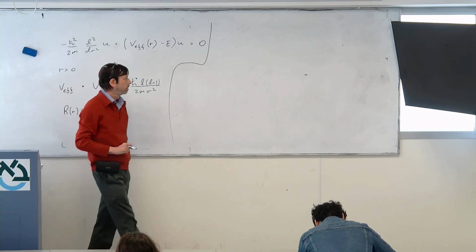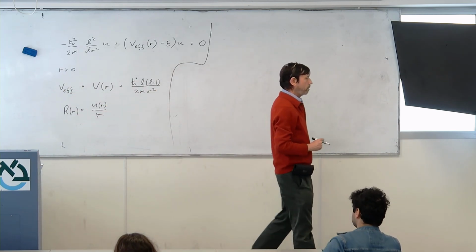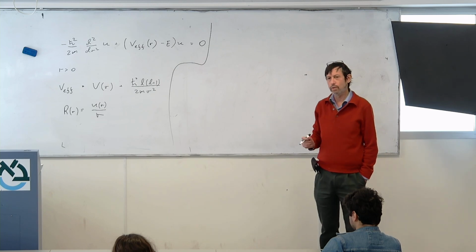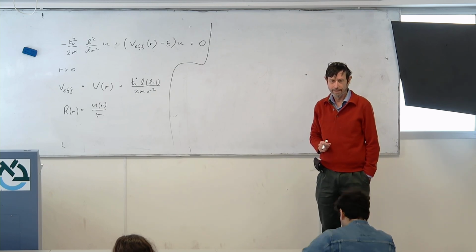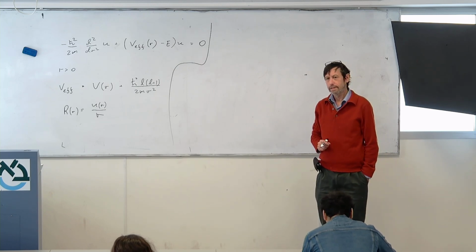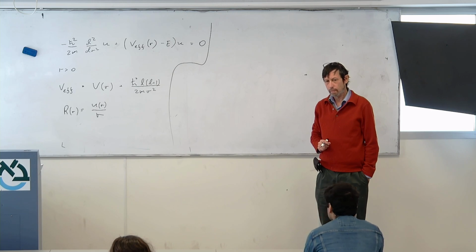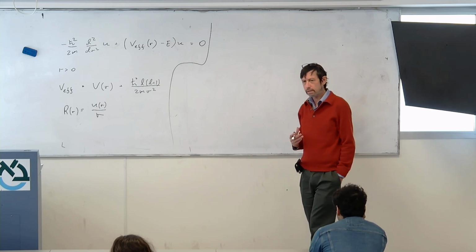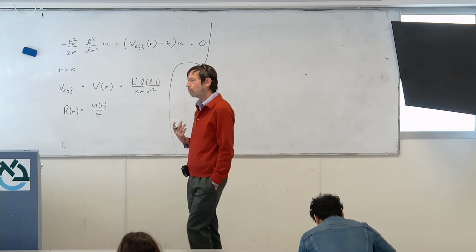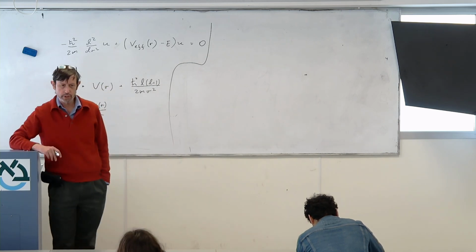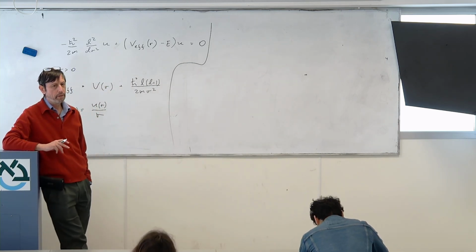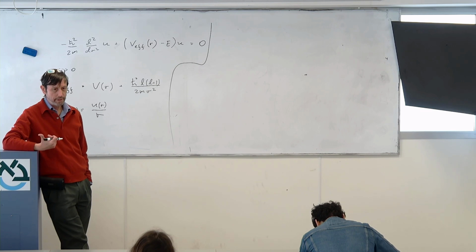Now, we'll do here a series of guesses in order to solve this differential equation. What do I mean by guesses? We have enough information to know something about the behavior of the wave function at infinity and at 0.